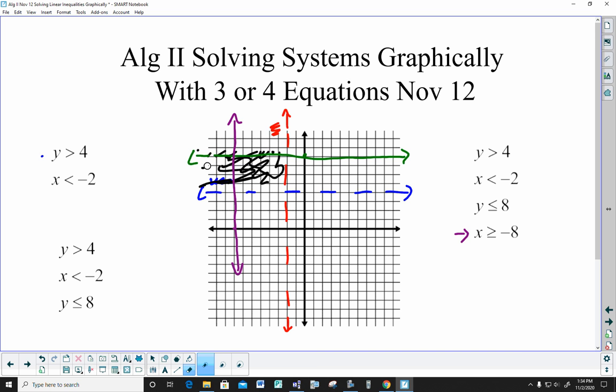This stuff out here is not included in the shading answer, okay? So your final answer is the overlap of all 4 of these. So in other words, you created this box that's shaded in here. Your final answer is where they all overlap. Okay? That's it.